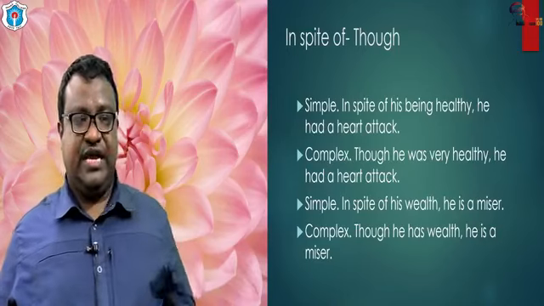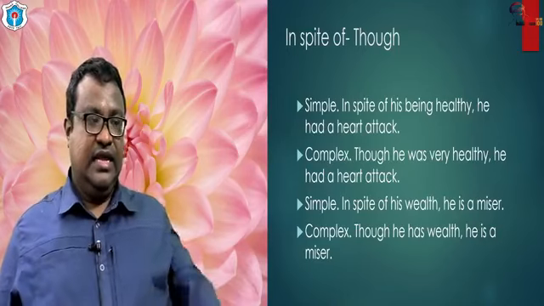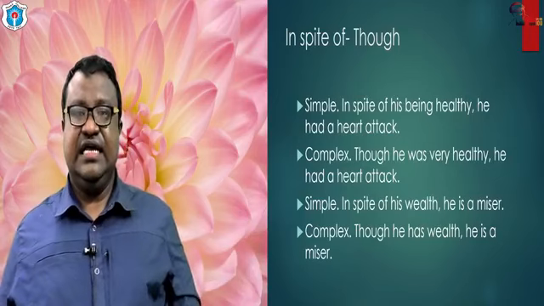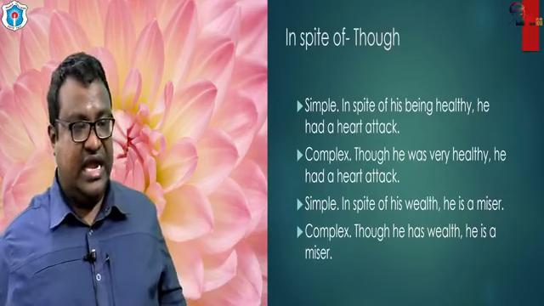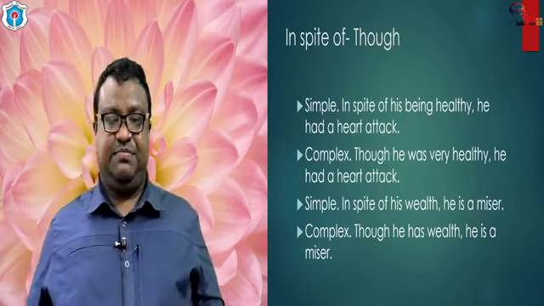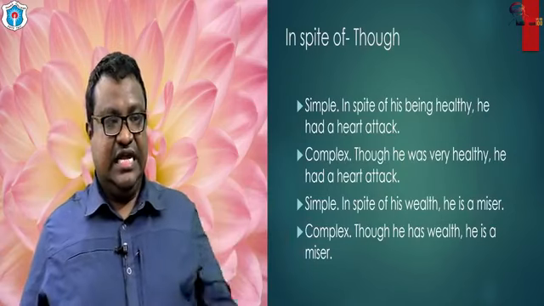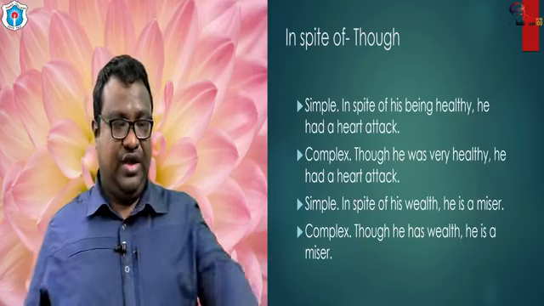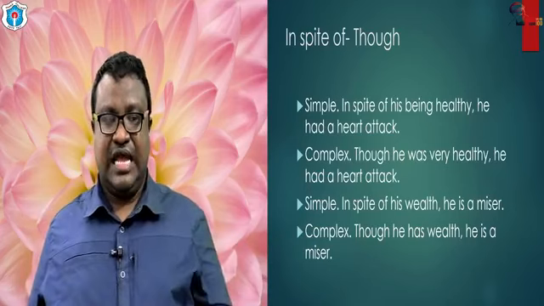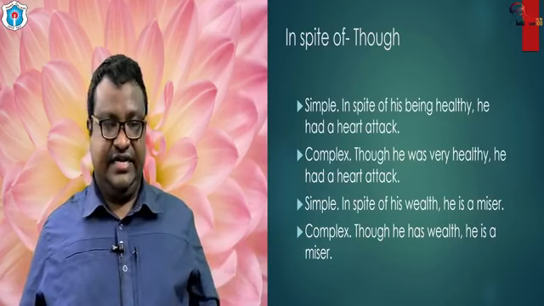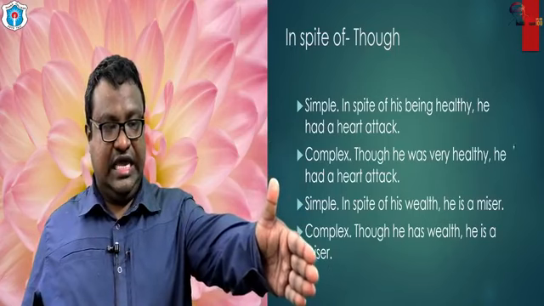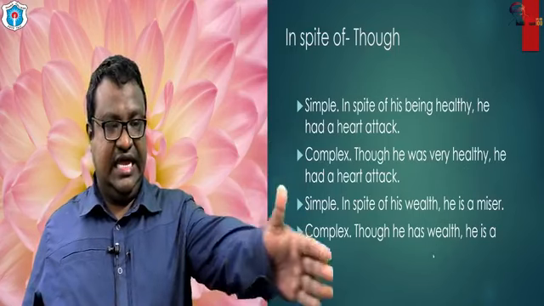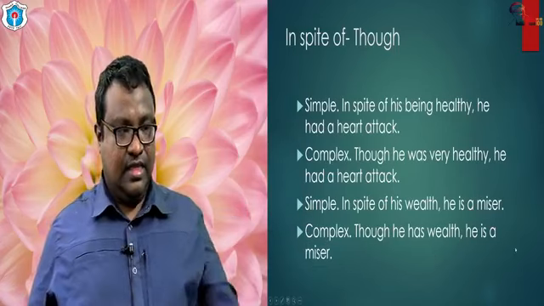So at first we use "though" or "although", then we use the subject "he", then we use "was" because we see "being" here. If it was "having", we will use "had", though he had. So though he was very healthy, he had a heart attack.